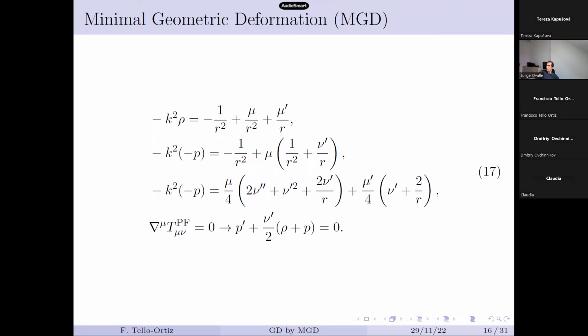At the beginning, I told you that this methodology was proposed in order to solve the Einstein field equations, finding out analytical solutions. Nevertheless, this problem is quite complicated.